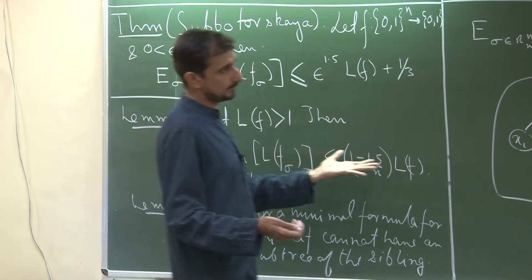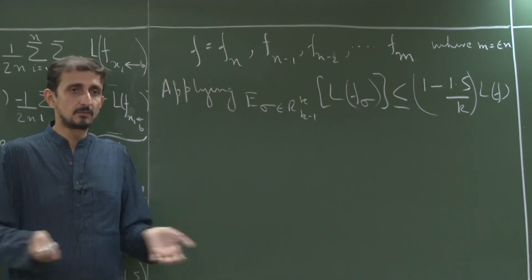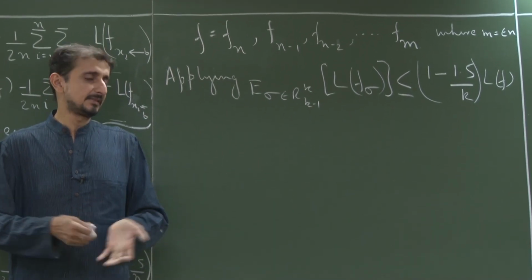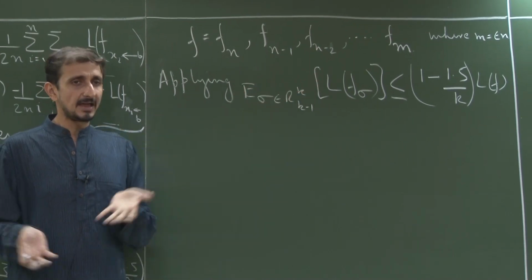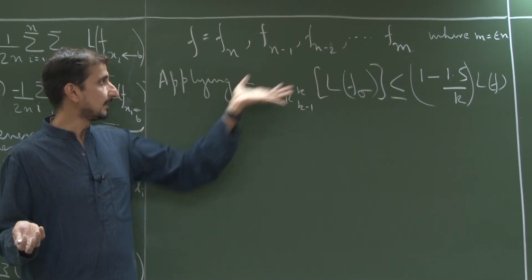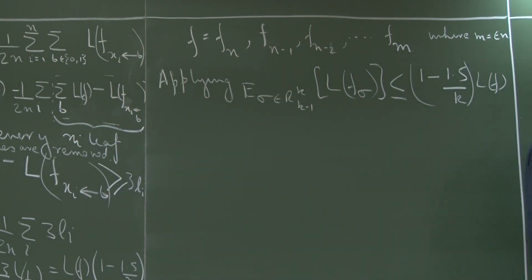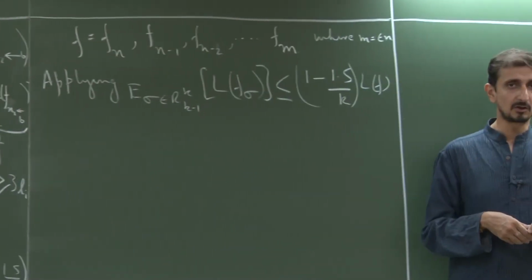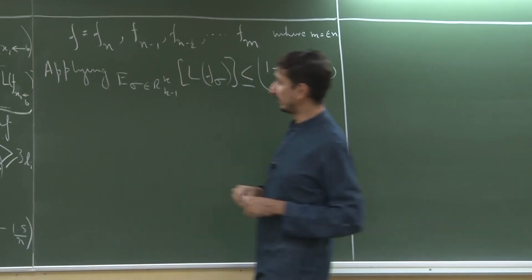Now, what can happen is that one of these intermediate functions can have a formula complexity of maybe 1, or it can also have a formula complexity of 0. That is possible, right? We do not know anything about these intermediate formulas. So I can have a function here which has a formula complexity of 1. Therefore, this cannot be applied.